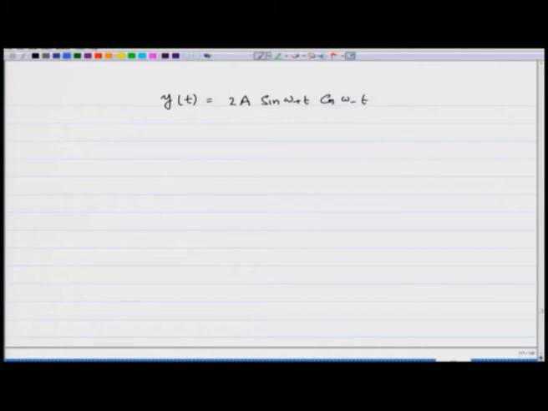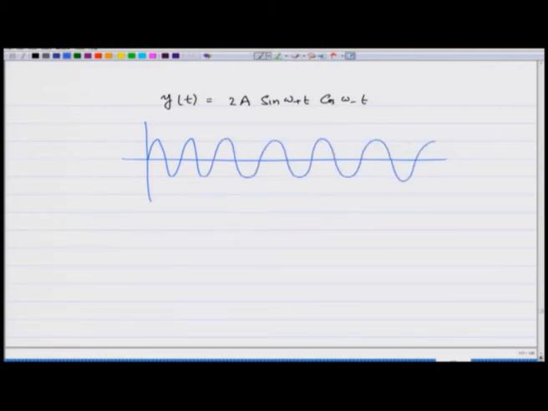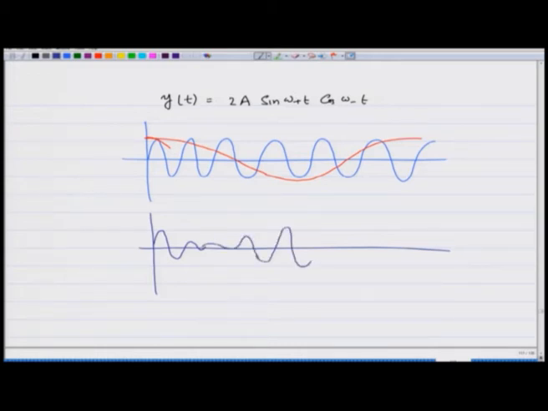If I were to plot the cosine term, it will be something like this. So, sine omega t is going like this, and the cosine omega minus t term would be 1 here and then slowly go to 0 and go like this. So, the product is going to look like this: large, it will become small, and it will pick up again, become small, and it will pick up again. So this is going to be a profile like this.